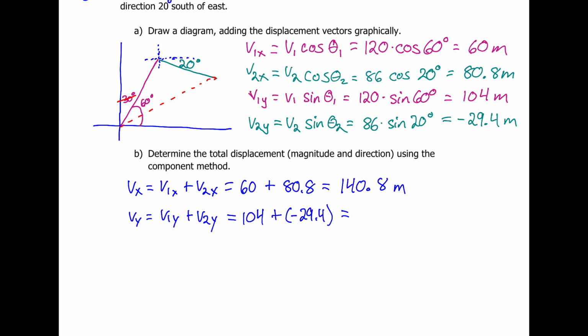Adding vectors is what we do. But sometimes those vectors happen to be negative numbers. So I think that's the most real way of writing that. So out of all that, I get 74.6 meters. So it's still overall up, even though there was a subtraction in it. So still, as you can see from this picture, we're going to get a triangle that kind of looks like this.